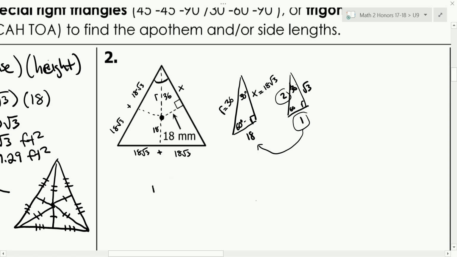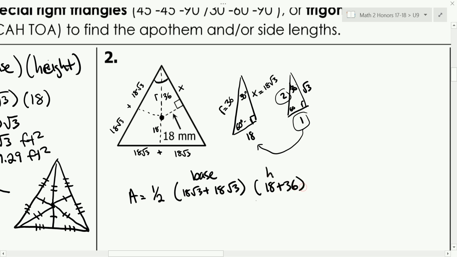And so now we're able to say the area is 1/2 the base, 18 root 3 plus 18 root 3. That's our base. And then times our height, which is 18 plus 36. Okay.